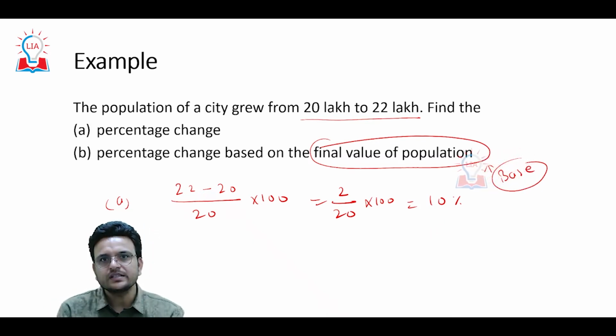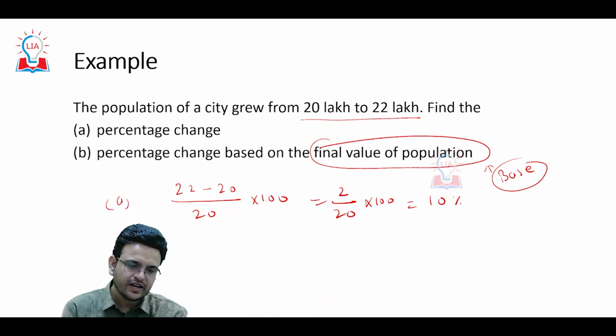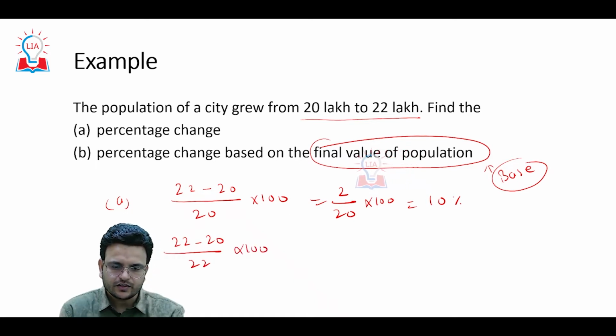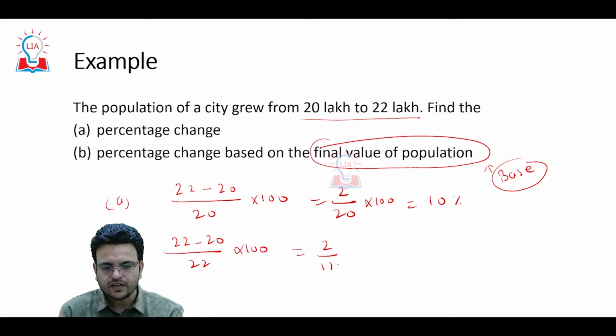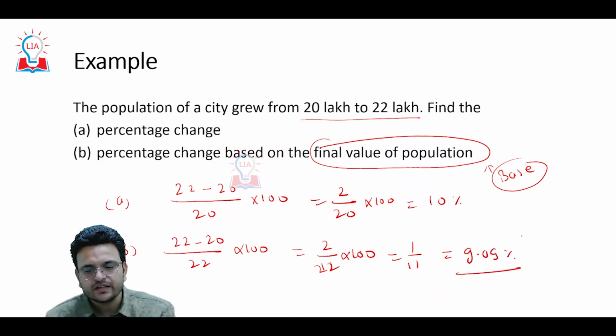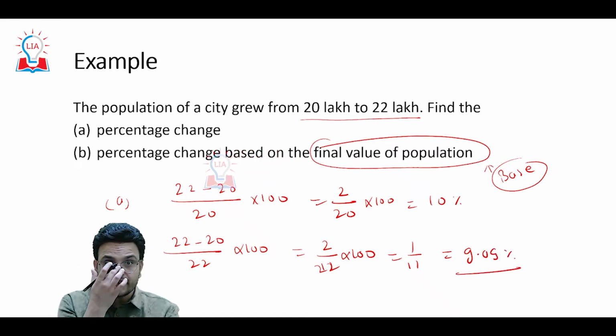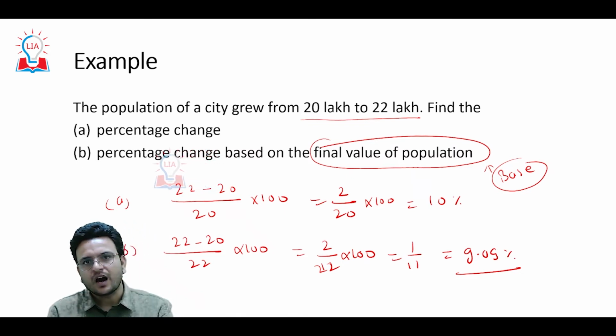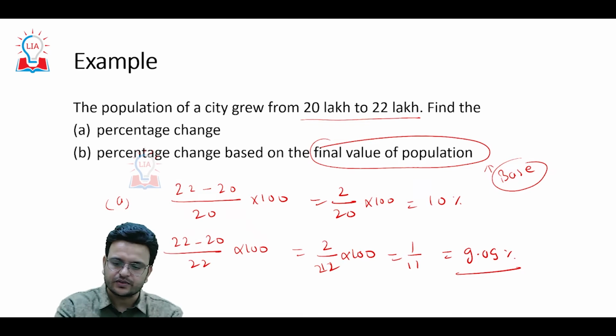If the base is the final value, it will be 22 minus 20 upon 22 into 100, 2 upon 22 into 100. It becomes 1 upon 11. If you know the value of 1 upon 11, it will be 9.09. That's why I first gave the table. That table will be helpful in how fast you can solve the questions.